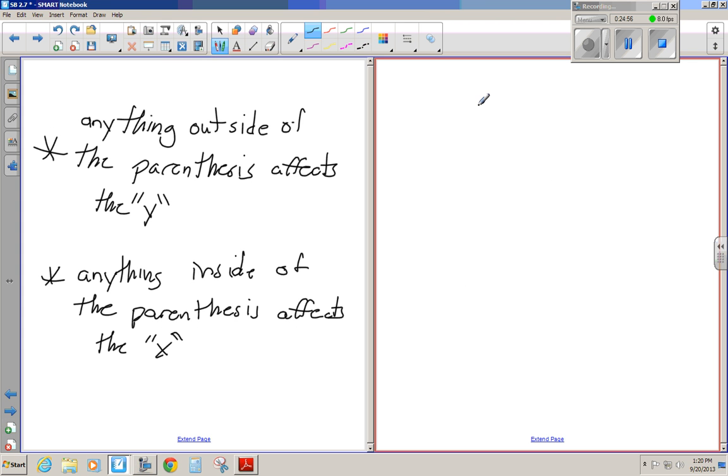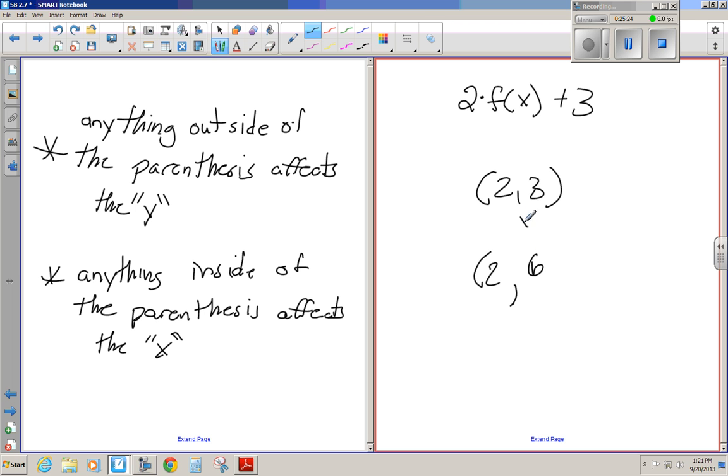So basically if I had 2f of x like this and a plus 3, well, if my point was 2, 3, is there anything happening inside the parentheses? Hopefully you say no. So that means the x's are left alone. Now, what's happening to the y? Anything outside? You're multiplying by 2 and adding 3. So multiplying by 2 gives us 6, and then adding 3 gives us 9.